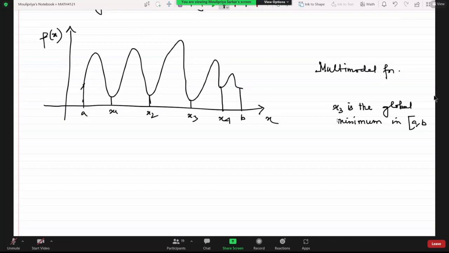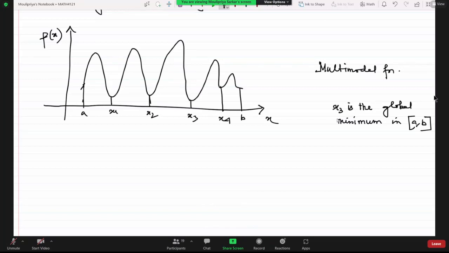Can we say this? That among all the minima that are present, this one is having the least value. So x3 can be thought to be the global minimum in AB. Am I okay with this or not? Do let me know.